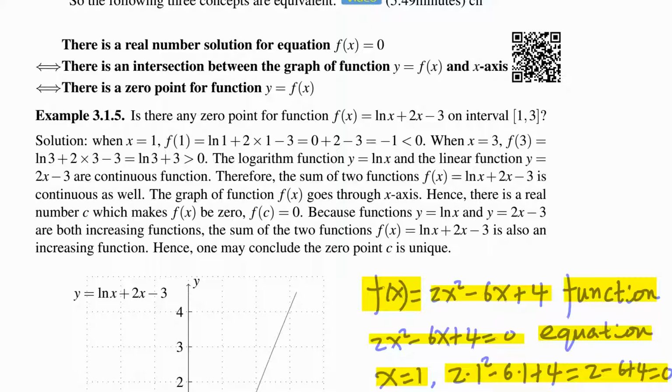Then for x equals 1, it has two different names.